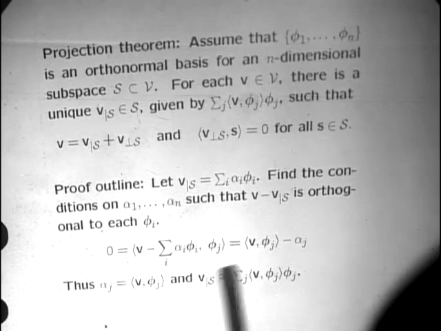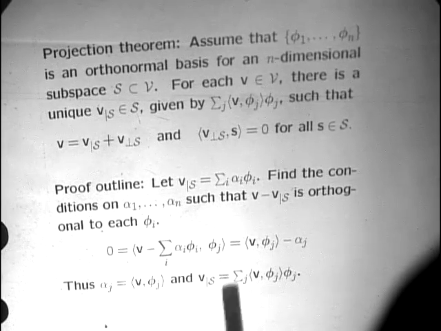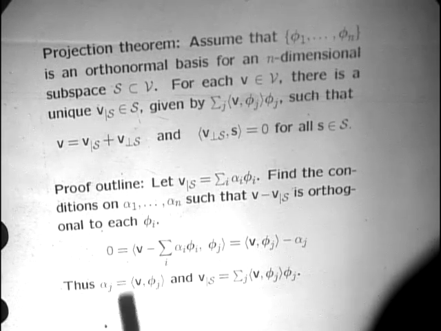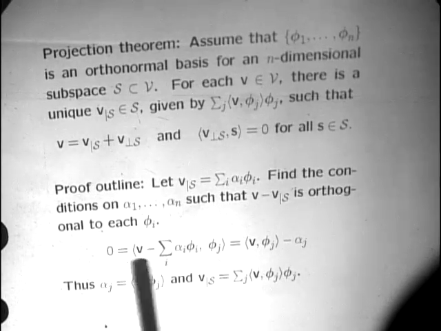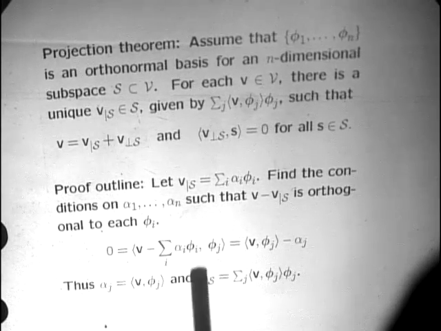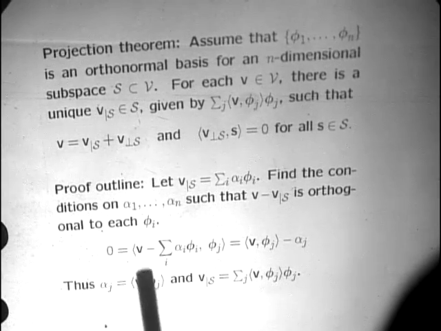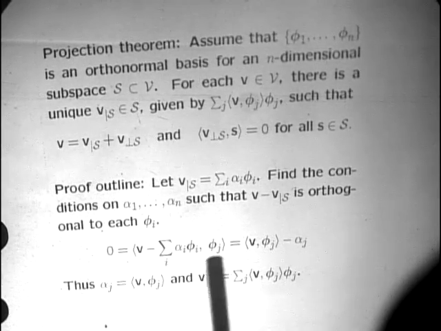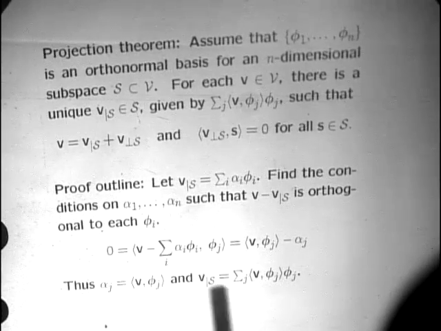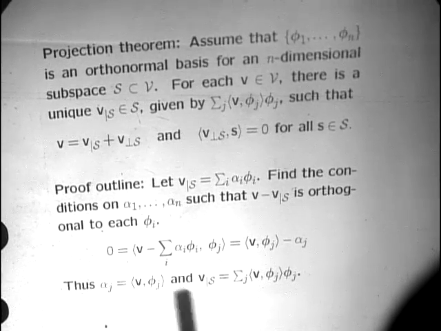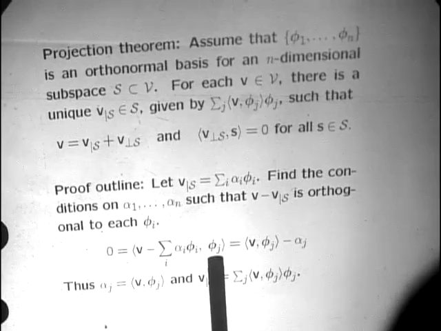This inner product is equal to the inner product of V with phi sub j minus the inner product of the projection with phi sub j.